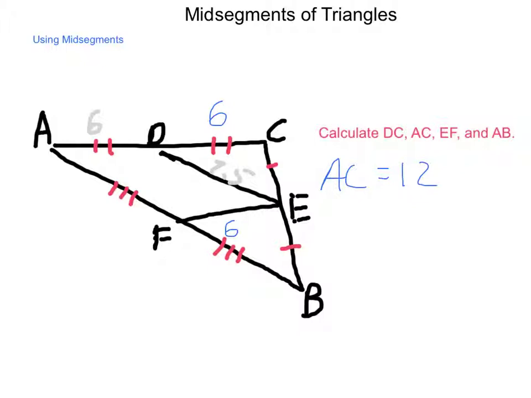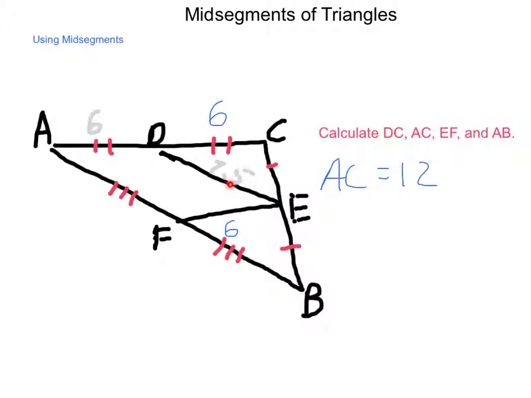Last, let's look for AB. Well, AB is here, and we know that we have midsegment DE, which is parallel to it, so DE is half the length of AB.